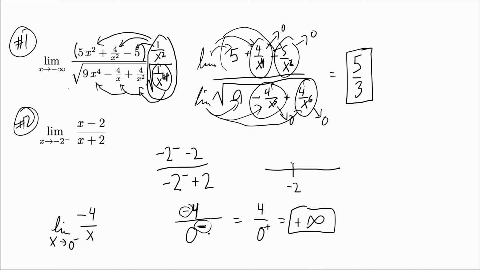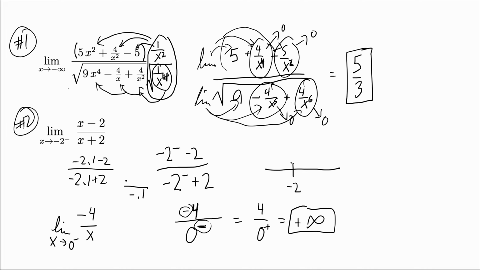Now, if this idea wasn't too clear to you, you could always just plug in numbers that are a little bit to the left of negative 2, like negative 2.1 plus 2 and negative 2.1 minus 2. And in the calculation of this, notice on the bottom you're going to get like a negative 0.1.